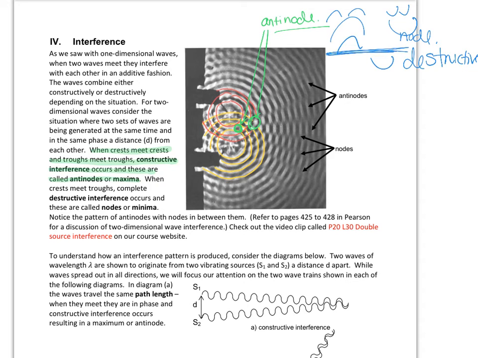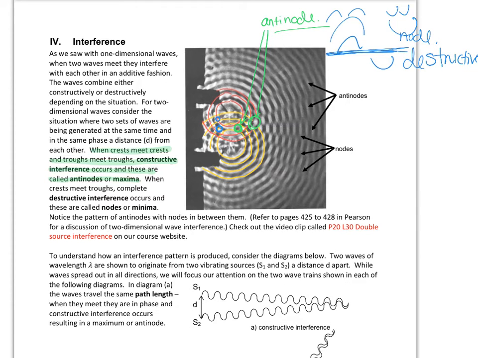This one will just become flat. All right, the nodes happen, again, where a crest and a trough meet. So something like this, or here. And so that's where we go to the lightest gray.